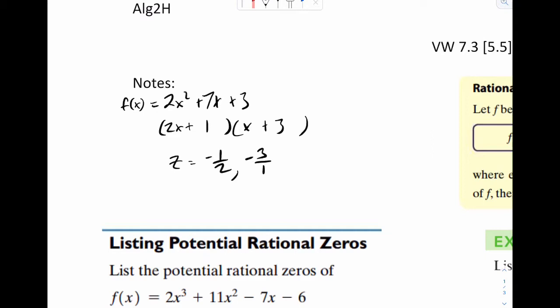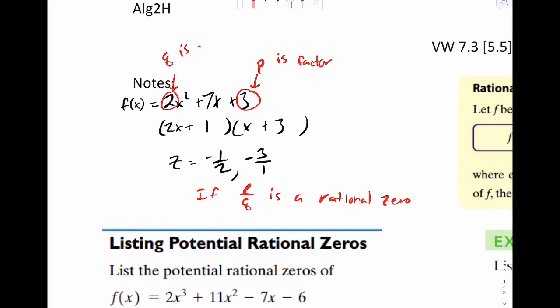And I'll put over 1 to make it fit our problem more nicely. What the theorem is saying is, if p over q is a rational zero, then p is a factor of 3. So p is a factor of this number, and then q is a factor of that number.